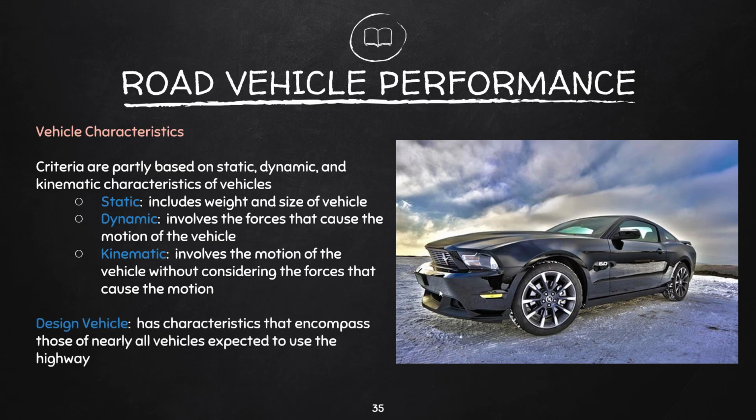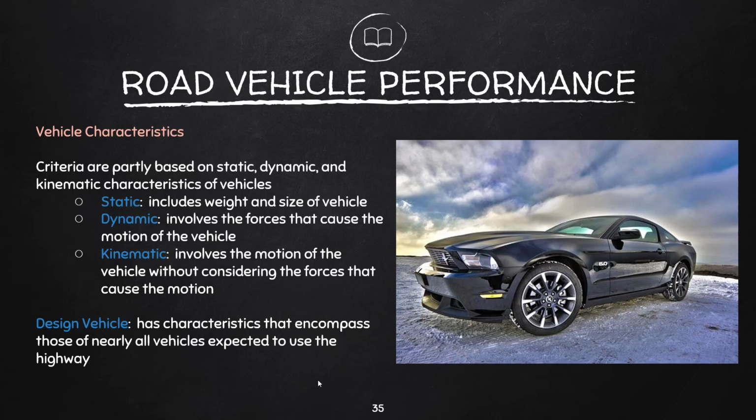A design vehicle has characteristics that encompass those of nearly all vehicles expected to use the highway. So when designing based on vehicle characteristics, we use the design vehicle, which is a representative of all the vehicles that are expected to use the highway, because there are certain highways that are not designed for some vehicles.